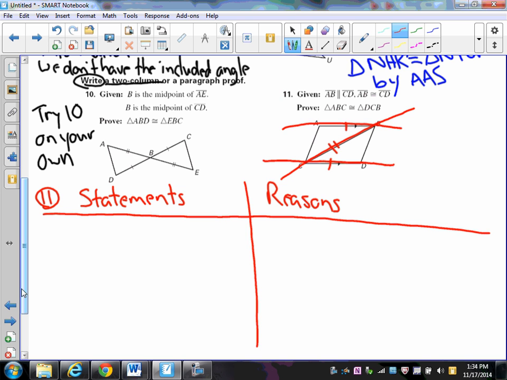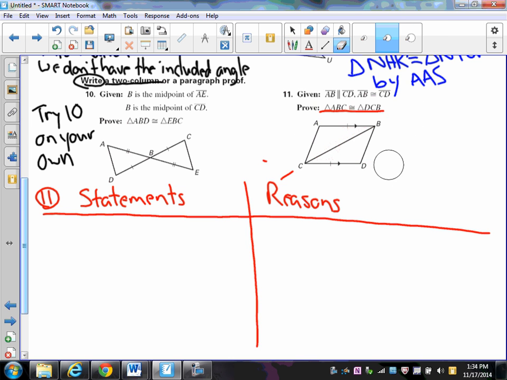So whenever I connect the lines there, I should see that by alternate interior angles, I'll have two congruent triangles. That'll be side angle side. So the last step in my proof should be triangle ABC is congruent to triangle DCB, and that would be by side angle side. So now we just need to express that in terms of a proof. We need to actually prove it.